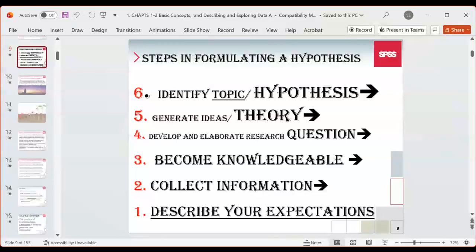People say, oh, I have a theory. A theory could be right or wrong. So the only way to find out is to convert your theory to a hypothesis, which people say is an educated statement. So that's your research topic. And it's about testing your hypothesis. Once you formulate that hypothesis, which is your doctoral dissertation topic, then you're going to test it, see if you're right or not.